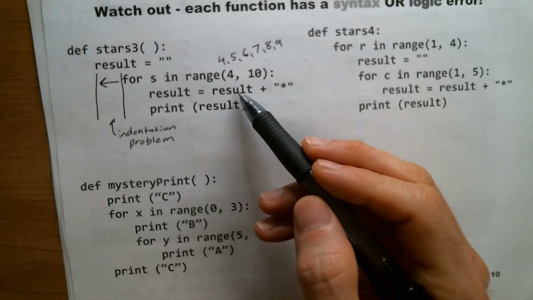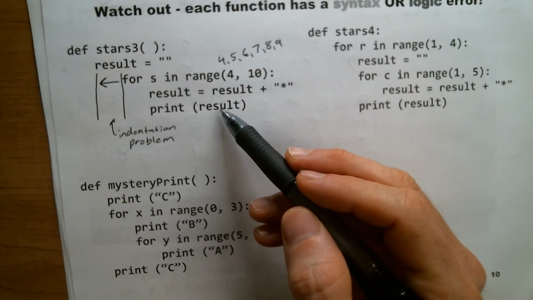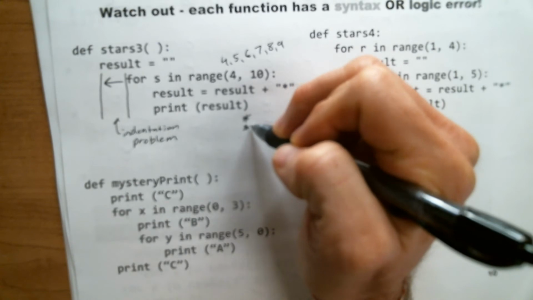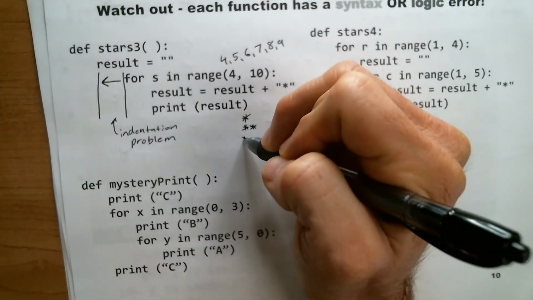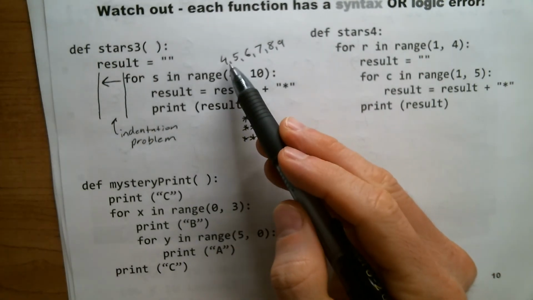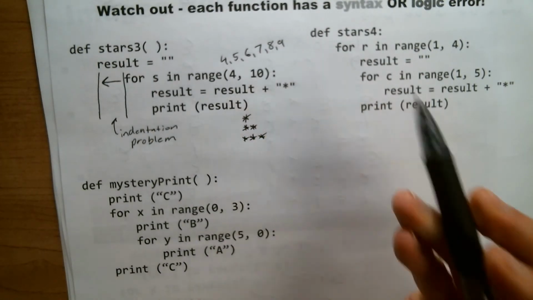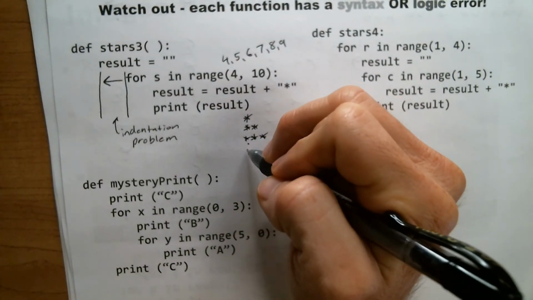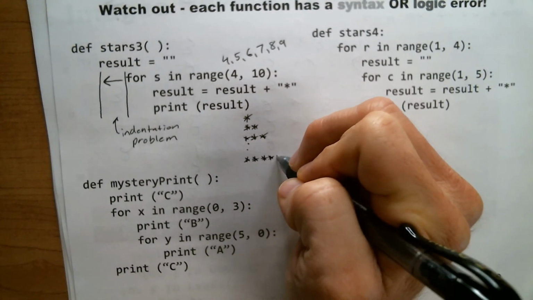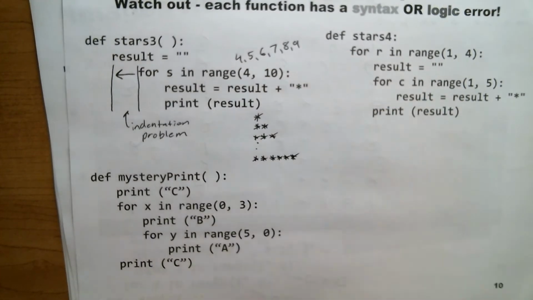So it's taking what was there before and then adding a new one and then printing it out. So first time it would print out 1 star, then it would print out 2 stars, 3 stars, and so on and so forth. All right, it's running 1, 2, 3, 4, 5, 6 times. So eventually you would get down to having 6 complete stars. All right.